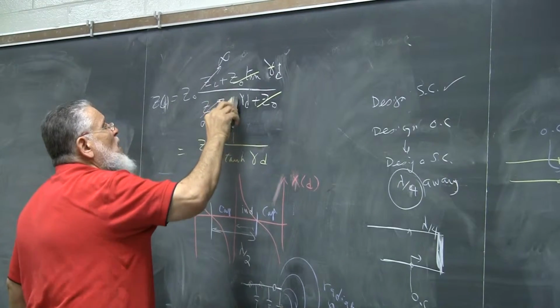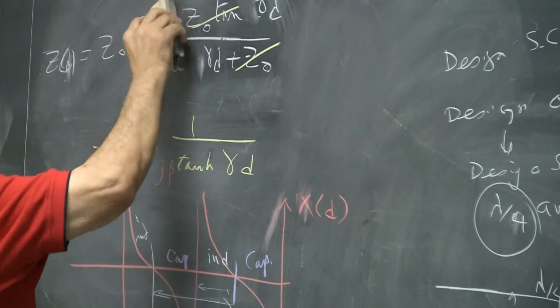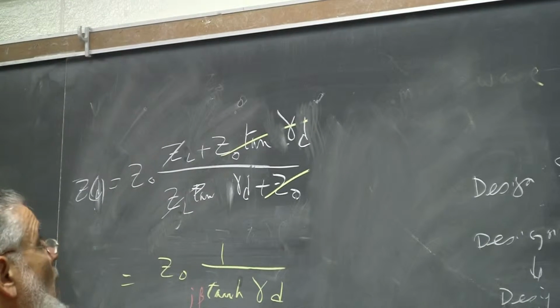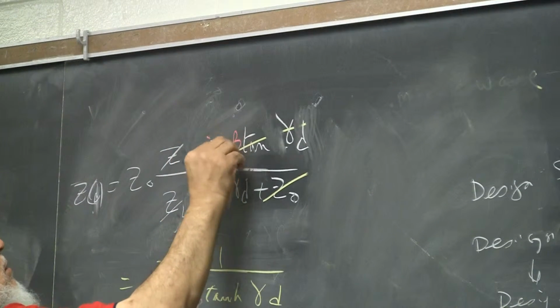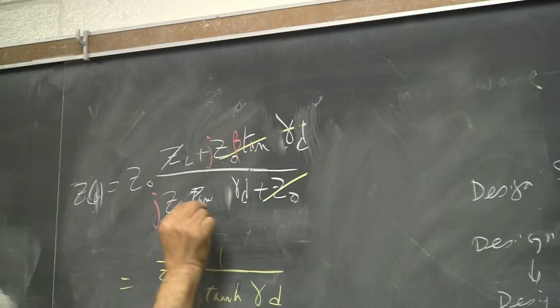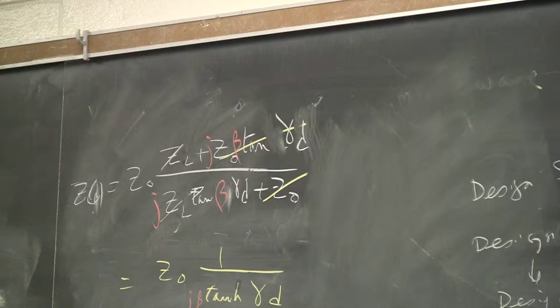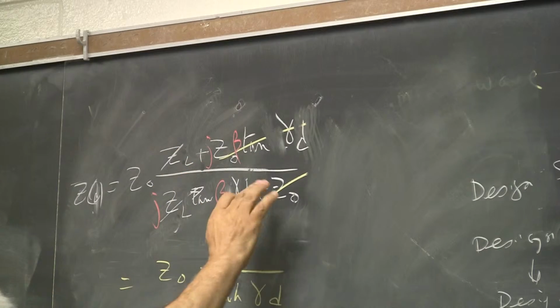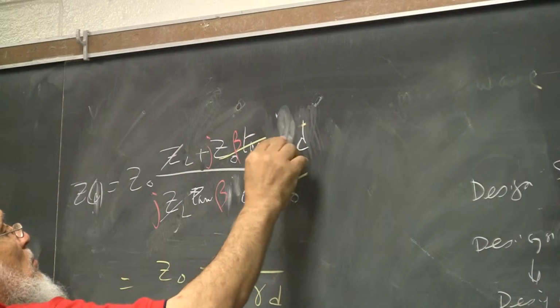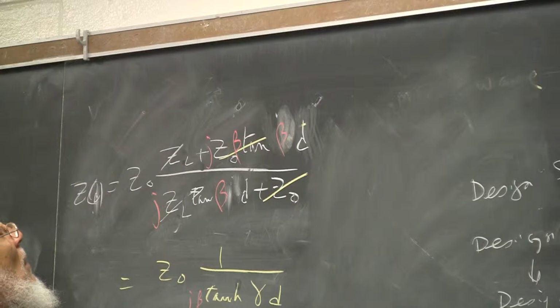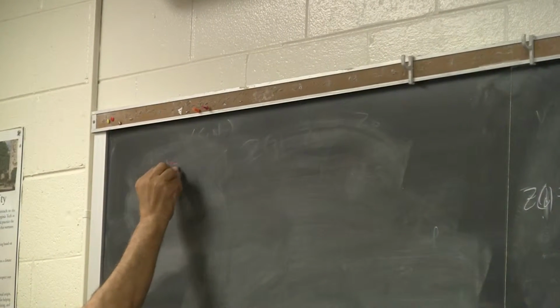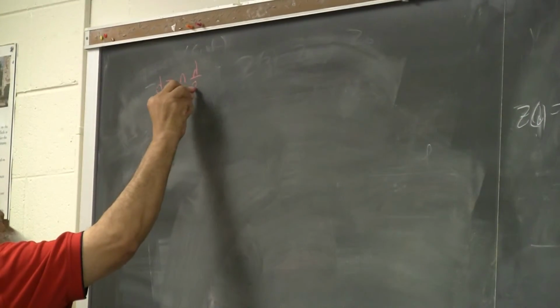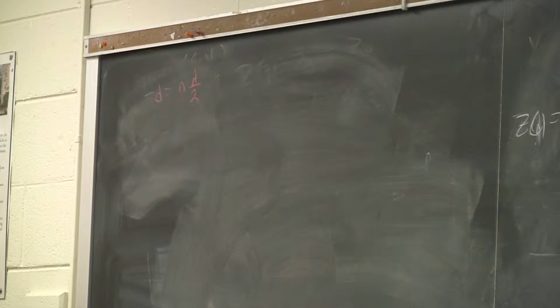So I'm going to take the h out and make that j beta. The j is inside the tangent, but it comes out here, okay? So take the gamma out. And let's do two special cases. d is equal to n lambda over 2, multiples of lambda over 2. Half wavelength, or a wavelength, or 3 halves, or what have you.